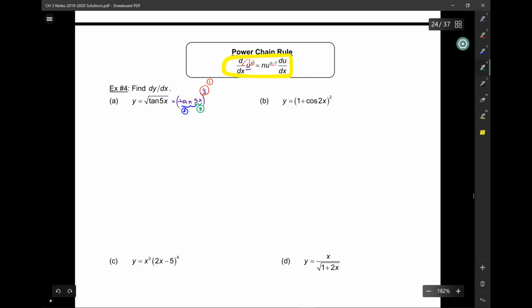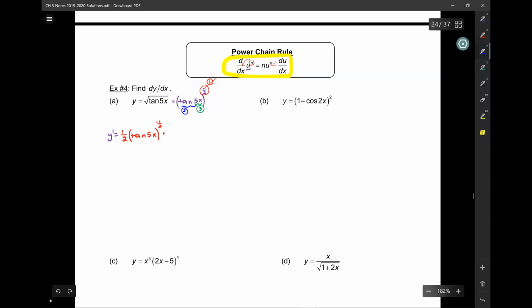So first, for y prime, I bring down the half. So it's 1/2 of this thing, right? Tangent 5x to the power of what? Negative 1/2, because it's half minus 1. Times, okay, so now I'm done with that one. I could cross it out.